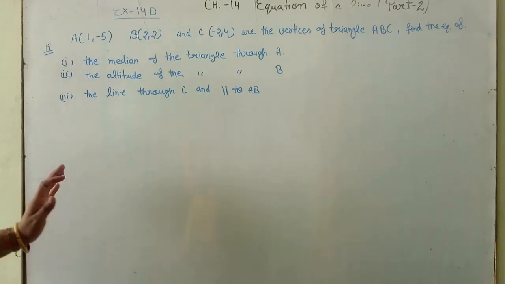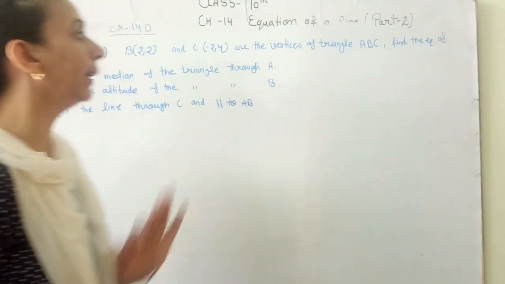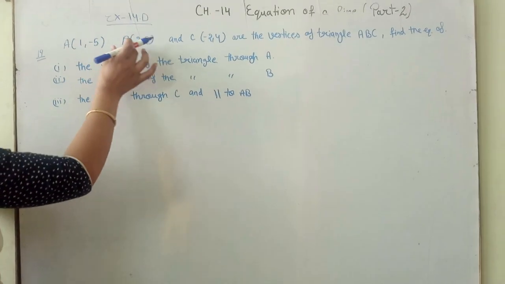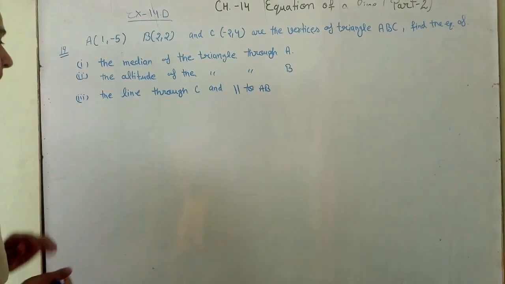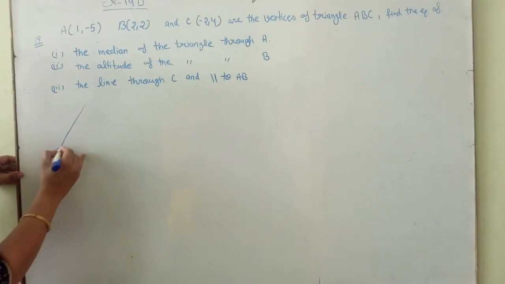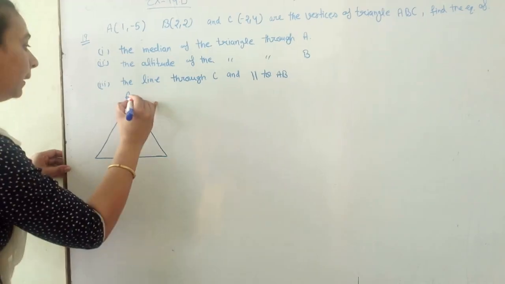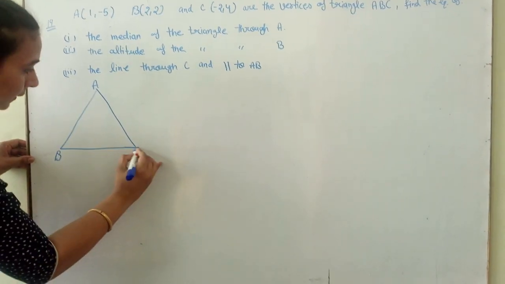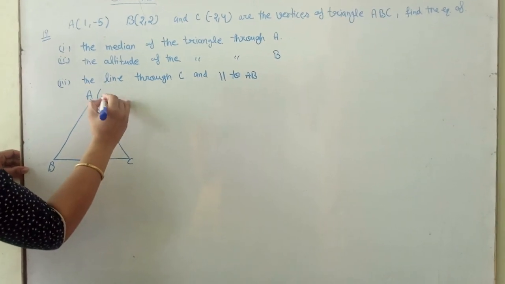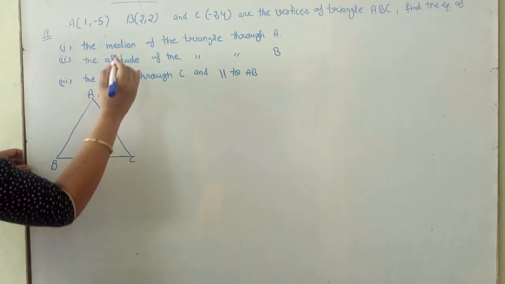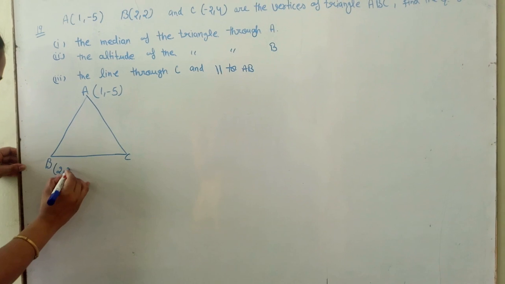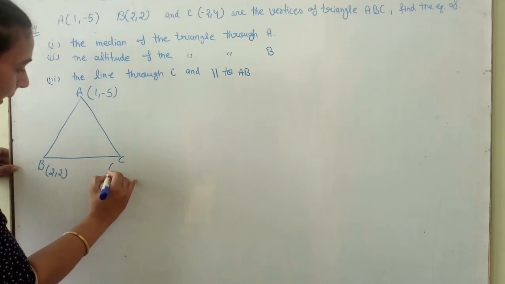Student, we have a triangle ABC and the coordinates of A, B, C are given. So first we draw a figure, a triangle ABC. Coordinates of A are 1, minus 5, coordinates of B are 2 and 2, and coordinates of C are minus 2 and 4.